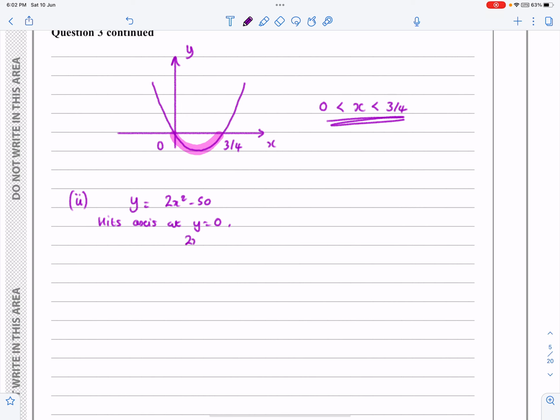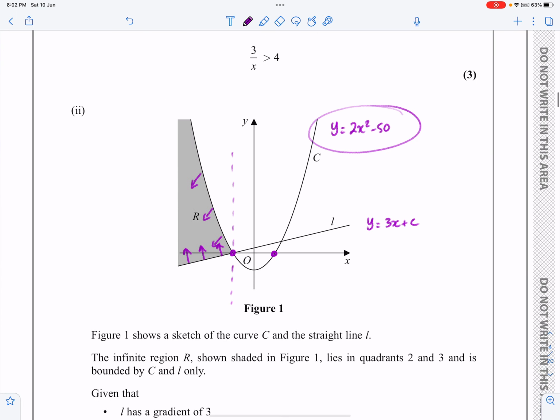So that's 2x squared minus 50 equals 0. 2x squared equals 50. x squared equals 25. x is going to be plus or minus 5. I'll just go back just to sketch it on there. That's 5, and that's minus 5. Brilliant. So I now know my 3 inequalities. The only thing I don't know at the moment is what the c is on my straight line.